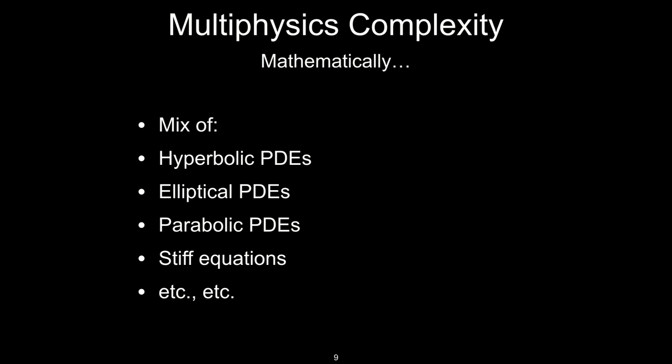Of all these different pieces of physics, we usually have different mathematical models that describe them. So you're dealing with, in one simulation application, a mix of hyperbolic and elliptical and parabolic PDEs, some stiff equations, integral differential equations for transport. And so mathematically, it's very complex as well. And so we're often leaning on experienced applied mathematicians to develop algorithms that we can then implement.